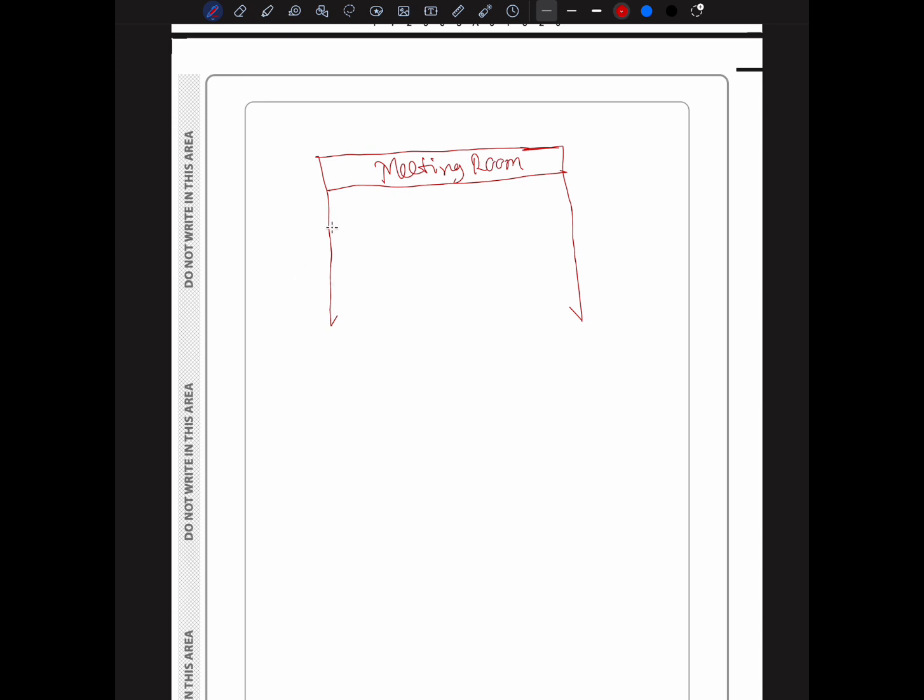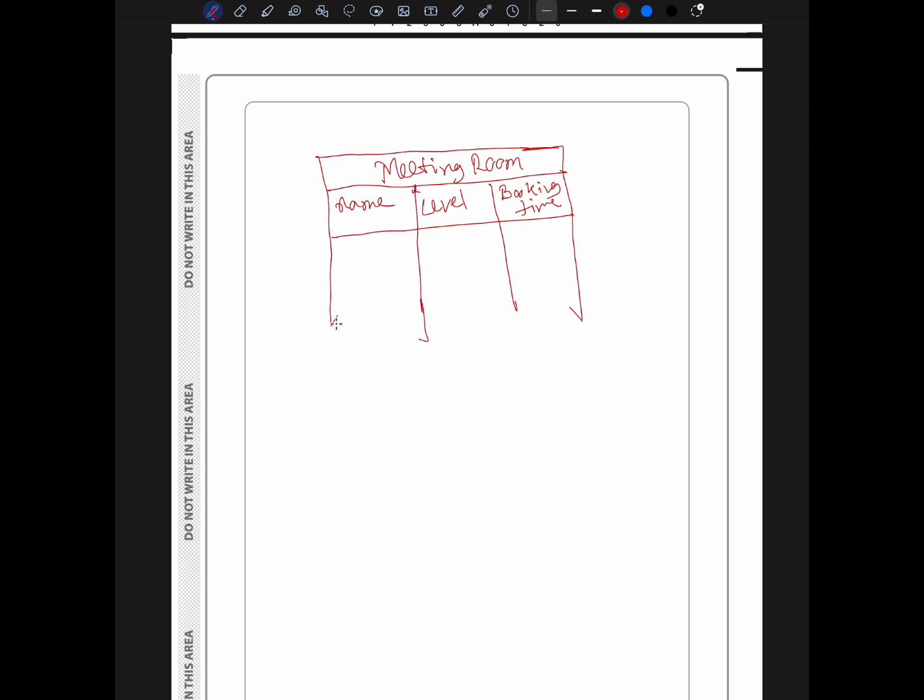For that reason, we need the name, the label, or maybe you can say the room name here. We also need the booking time. So these are the three things they need to record.